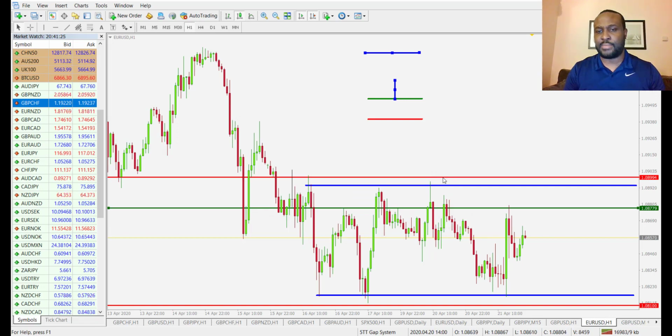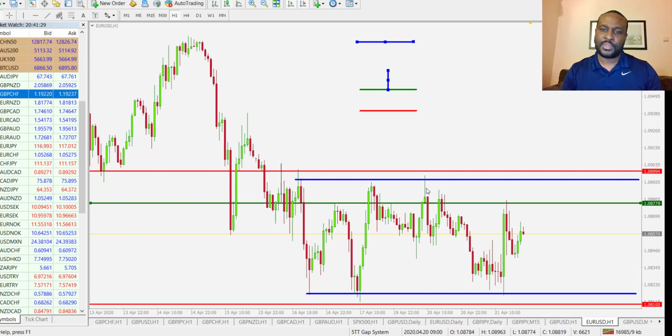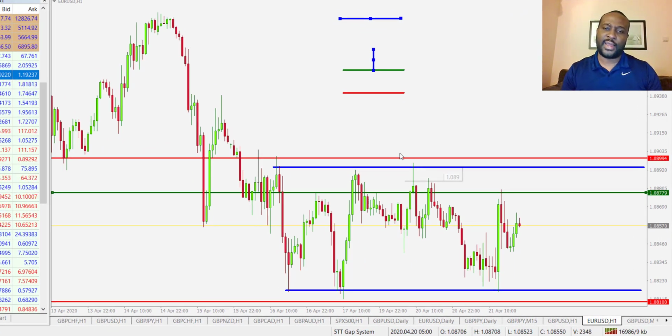And I said earlier that my stop loss is going to be the red line. And I'm selling. If I want to do 2 to 1, I need to determine the size of this. One of the easiest ways to do that is to take your crosshair and come to where your entry price is. Look at the right hand side of the chart by the price axis.